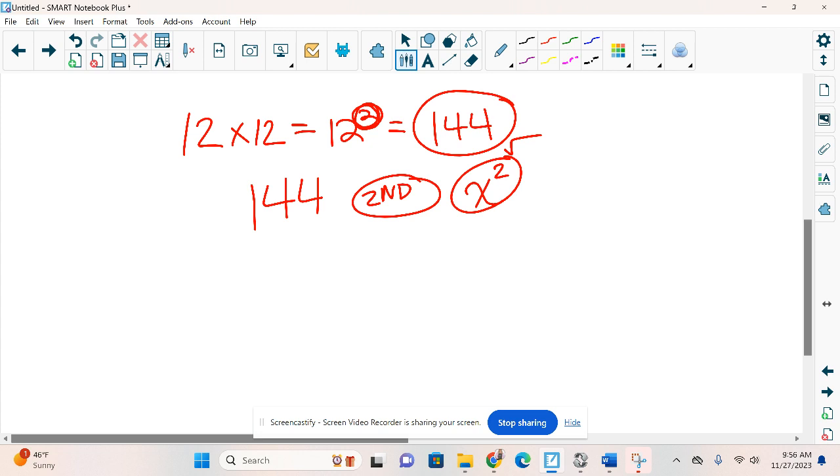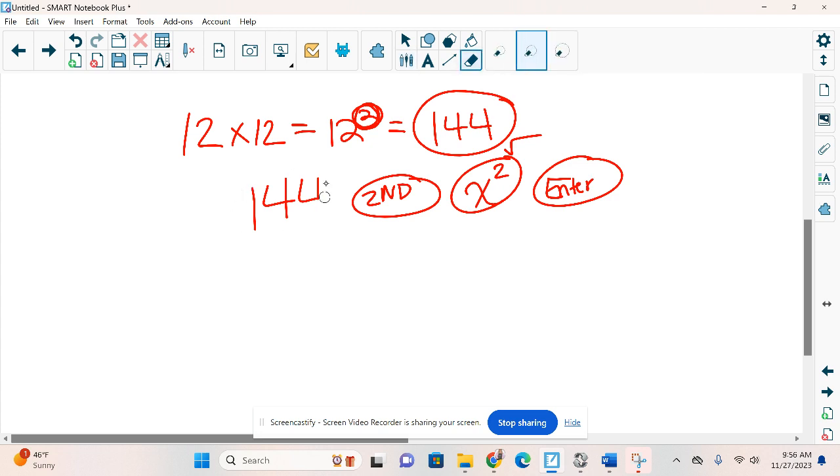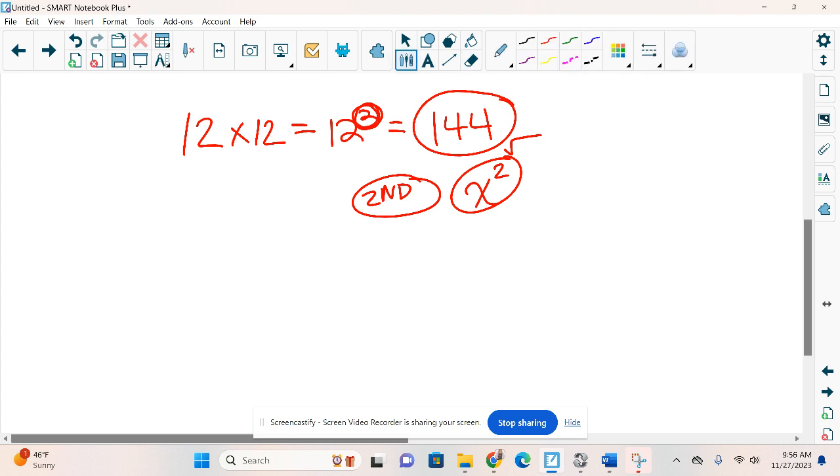That's trying to get down to the original. First you hit the second, then you hit that button, then you type in your 144, and then you hit enter. And what do you get?